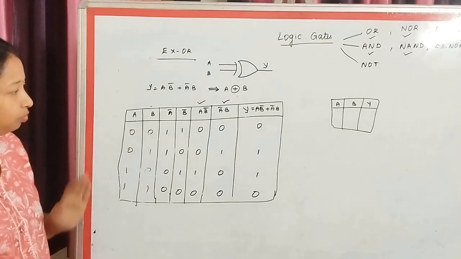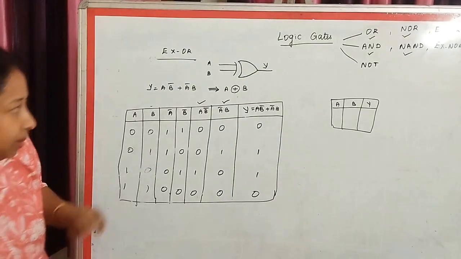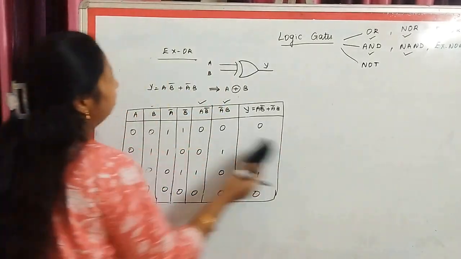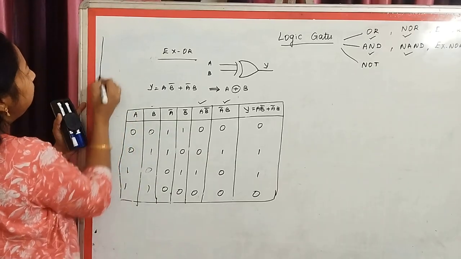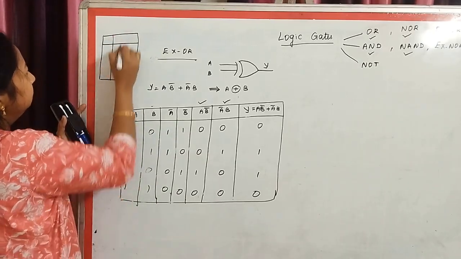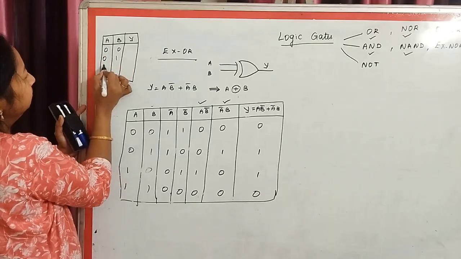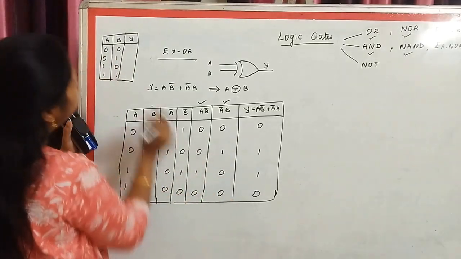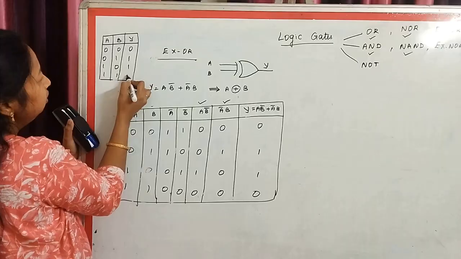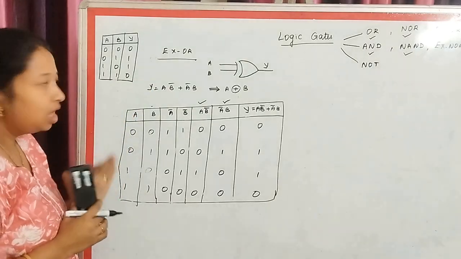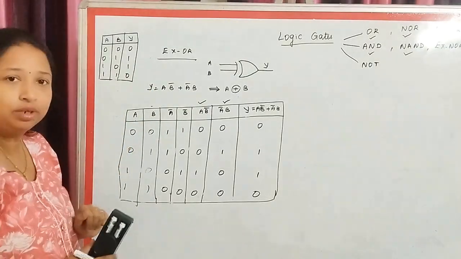Clear? So my final truth table will be, for an XOR gate, it will be like this. What are the values? 0, 1, 1, 0. Understood how to write the truth table for an XOR gate?